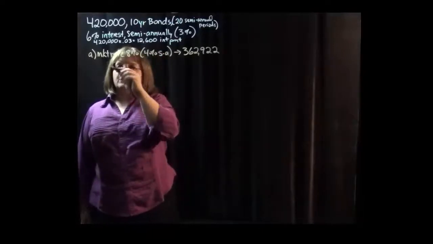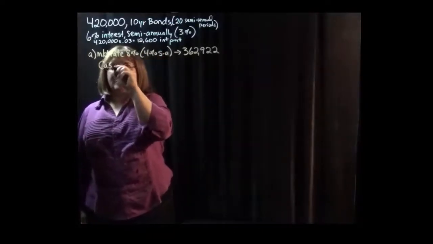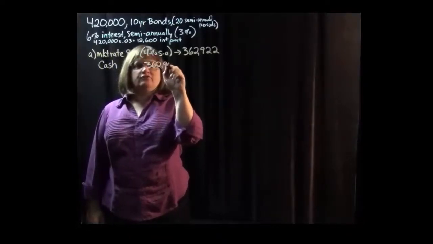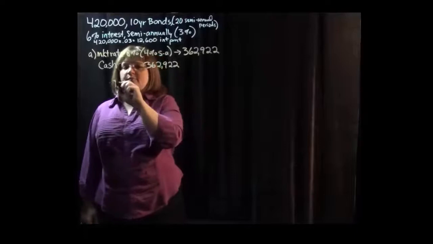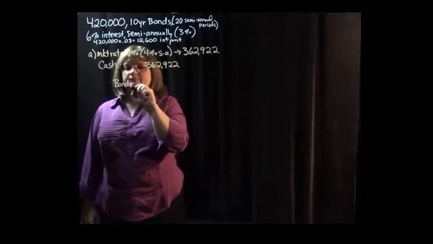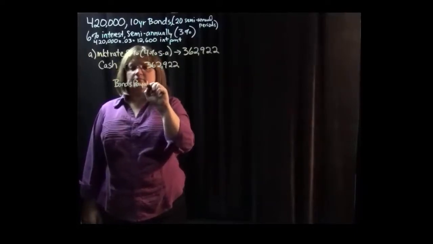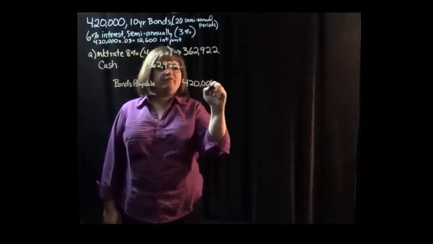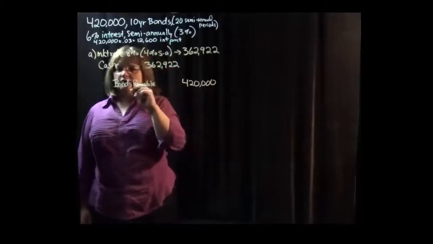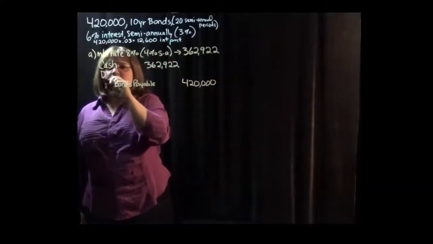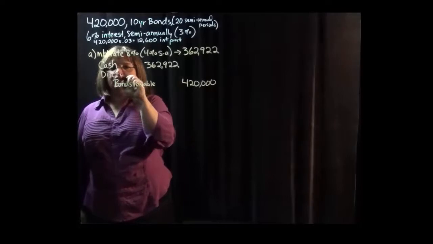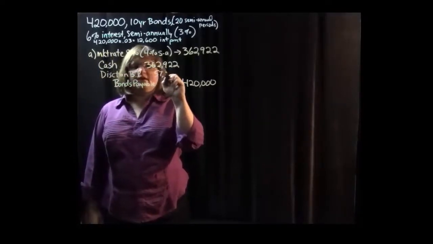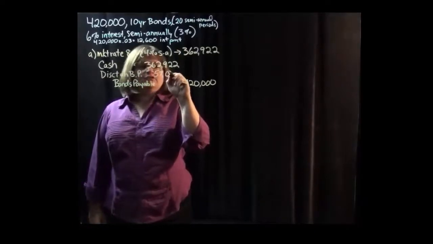The entry that we made when that happened is we debited cash for that amount, $362,922. We credited bonds payable for $420,000 because we will have to pay that full amount back when the bonds are matured. And the difference we called a discount on bonds payable, and that was for $57,078.